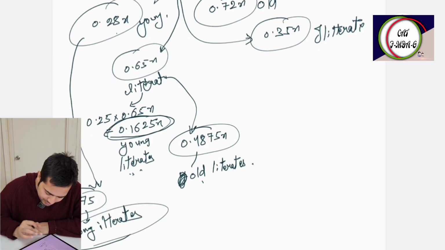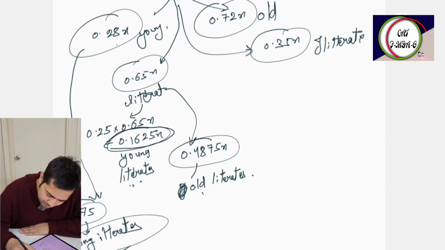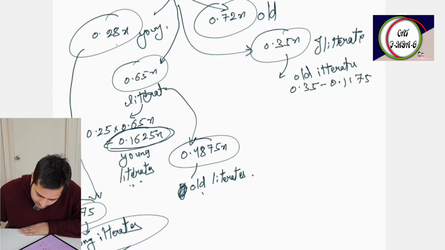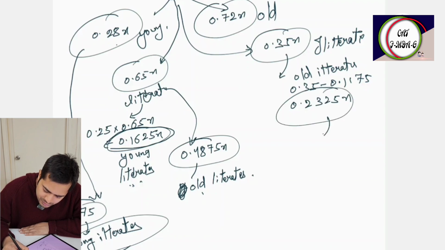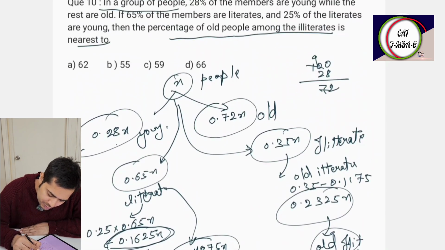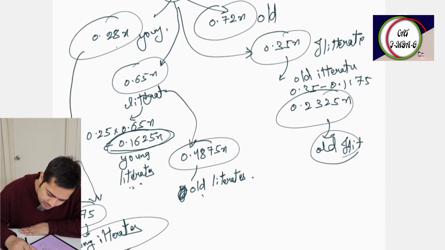Now, since these are young illiterates, what will be the old illiterate? Old illiterate will be 0.35 minus 0.1175, which is 0.2325x. These are old illiterates, and we have to find out what is the percentage of old people among illiterates.